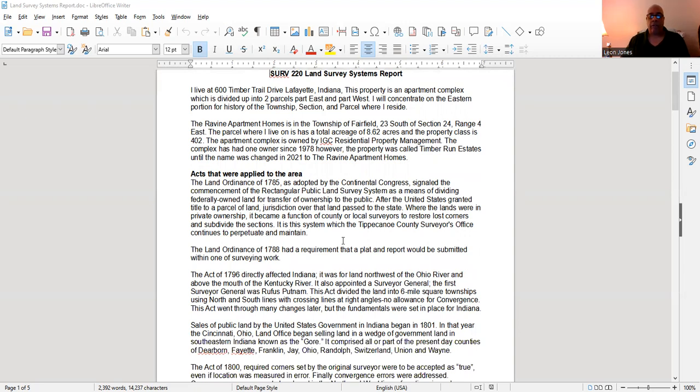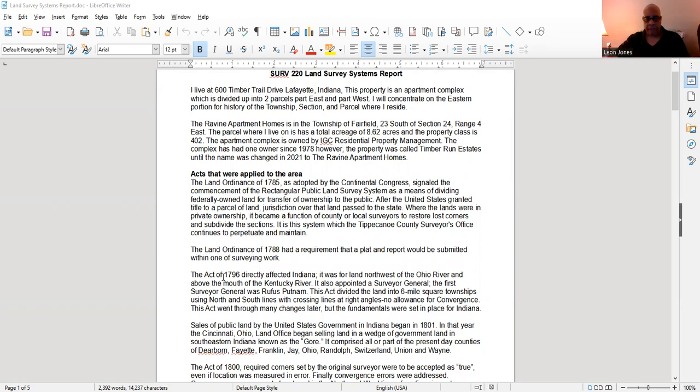So if the United States granted title to a parcel of land, jurisdiction over that land as to that state where the lands were in private ownership, basically became a function of city or county or even local surveyors to restore corners and subdivide the sections. It is this system which the Tippecanoe County Surveyor's Office continues to perpetuate and maintain.